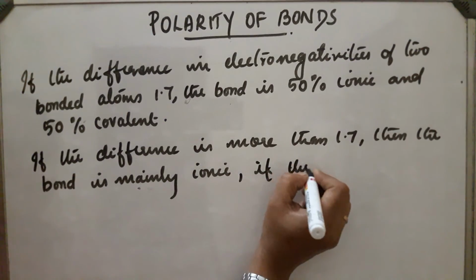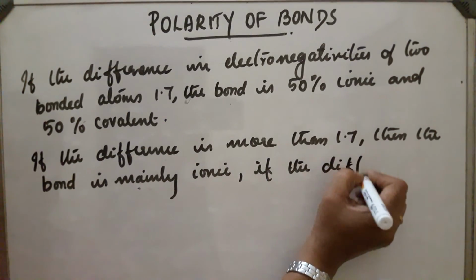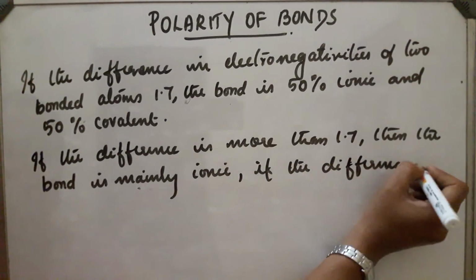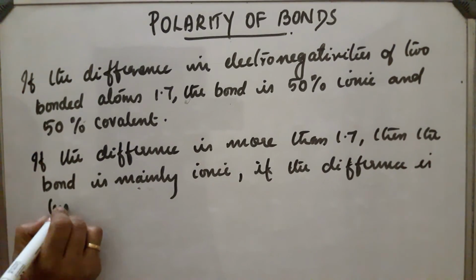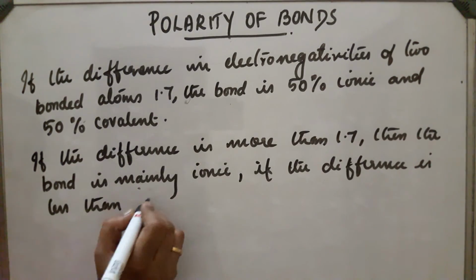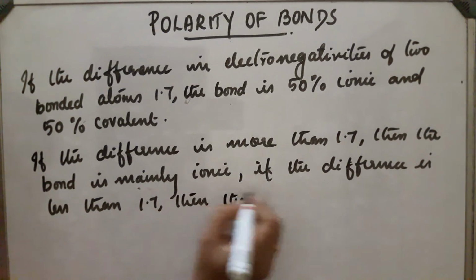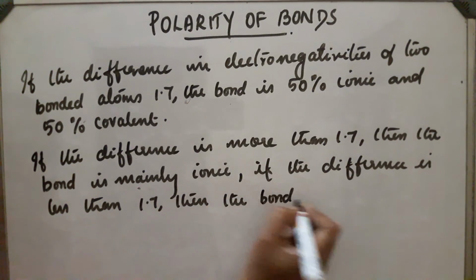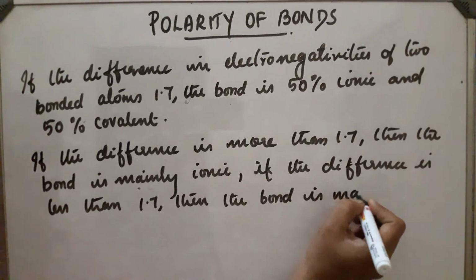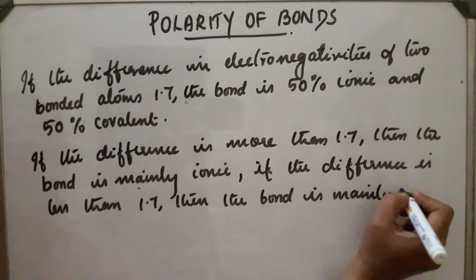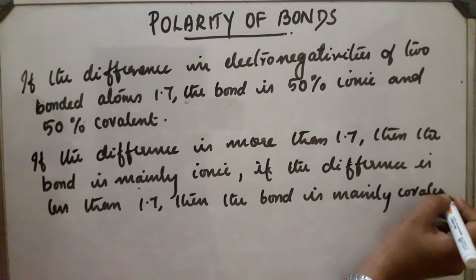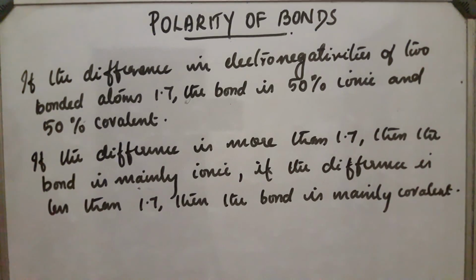If the difference is less than 1.7, then the bond is mainly covalent. Like this, we can explain the polarity of covalent bonds.